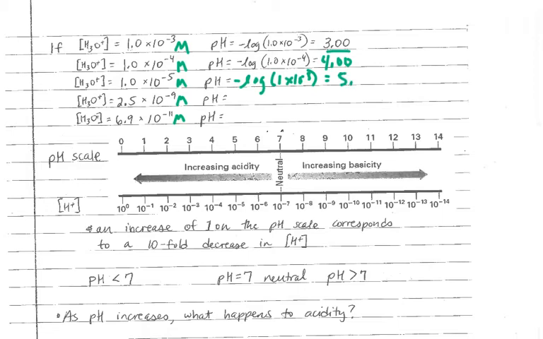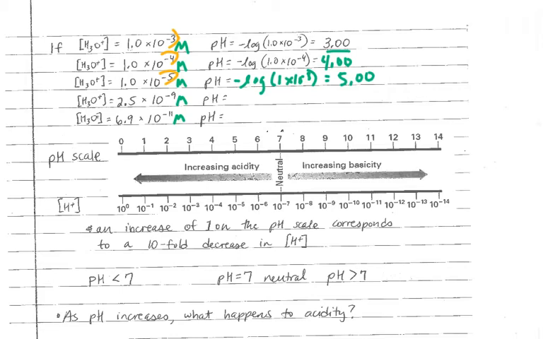going to be 5.00. All right, notice the trend is that when you take the negative log of something in scientific notation, that exponent on the 10 is indicative of what the answer of the pH is going to be.